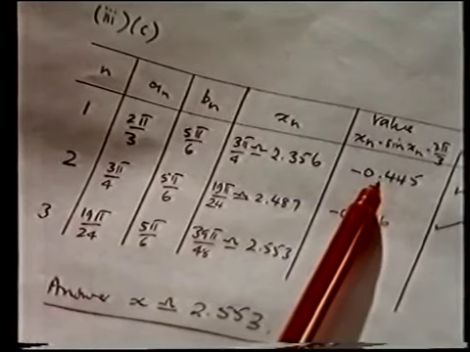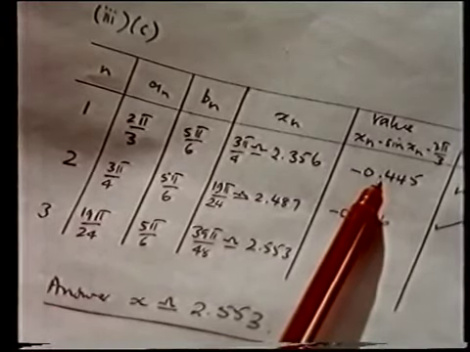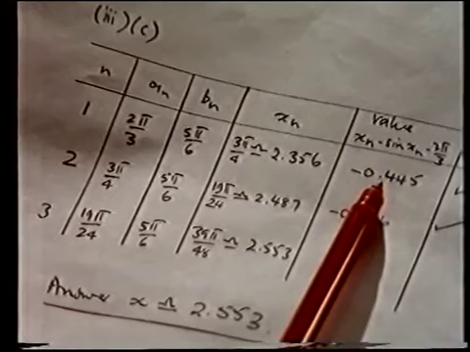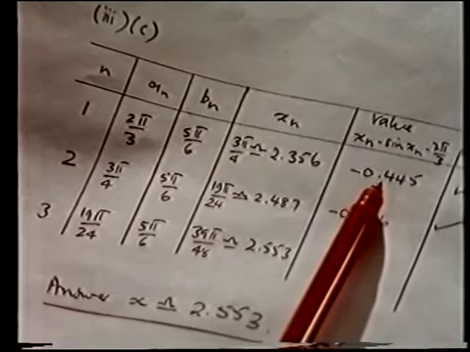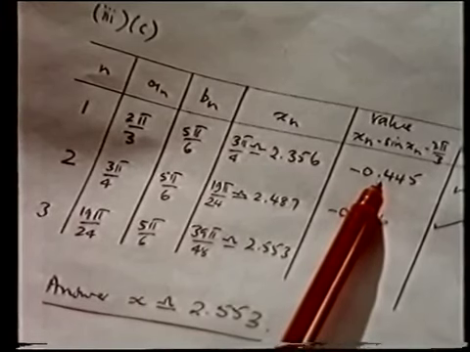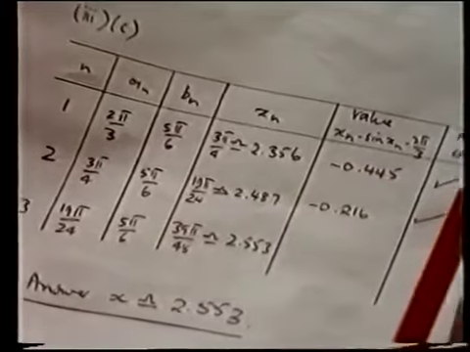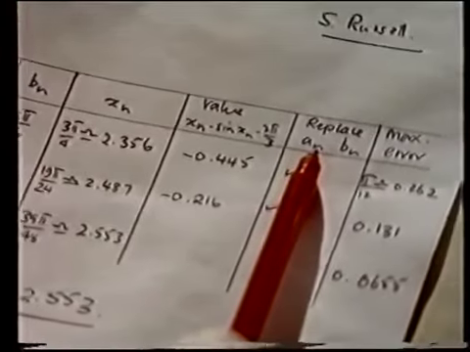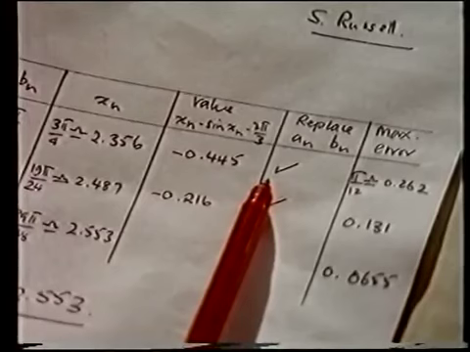Well, that's clearly negative. So the function changes from negative to positive on the right-hand half of the interval. So that means that the existing midpoint must become the left-hand endpoint of the new interval. And so that's why he said xn replaces an.